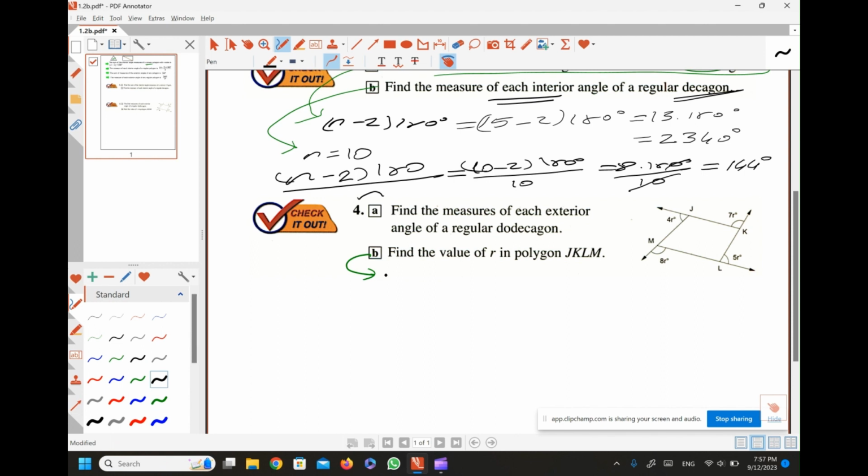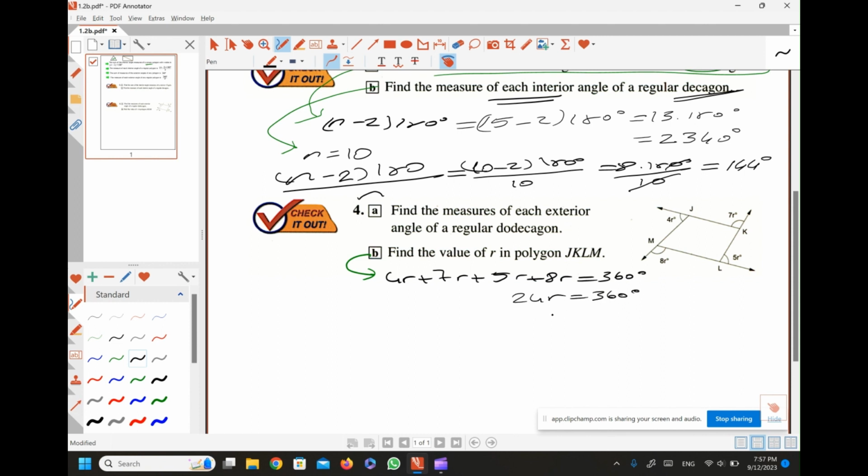You have 4r plus 7r plus 5r plus 8r. So you know that those are all exterior angles whose sum is equal to 360 degrees. So add these r's up, you're gonna get 24r. 24r equals 360 degrees.